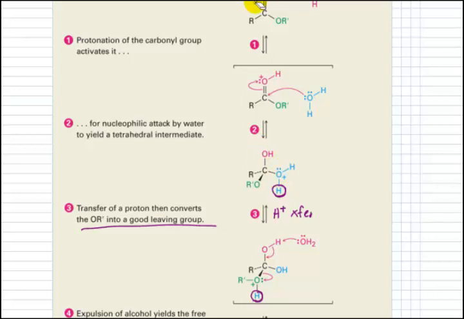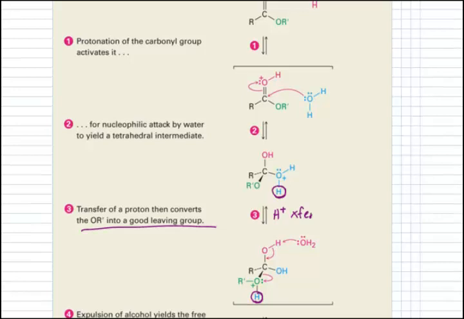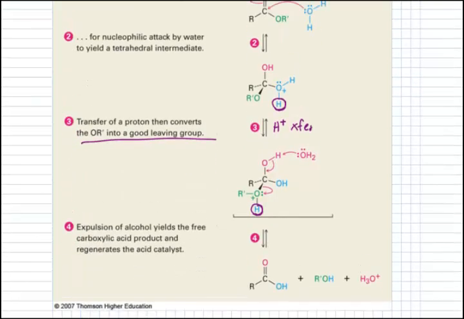So in order to advance the reaction forward, a proton transfer has to go onto the OR group, which protonates it. Then, by removal of the hydrogen off of one of the OHs, we're able to bring electrons down and kick off the leaving group. This step here is a little bit of an abbreviation more than we have seen before.